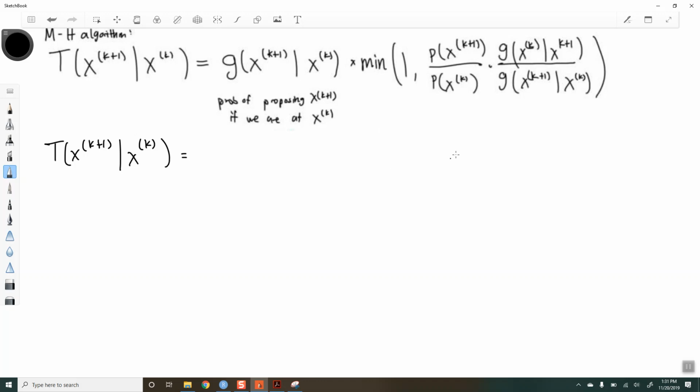I'm going to distribute g of xk plus 1 given xk through the min function.